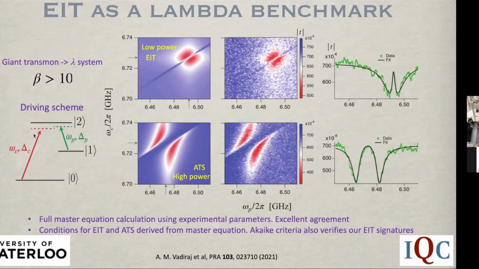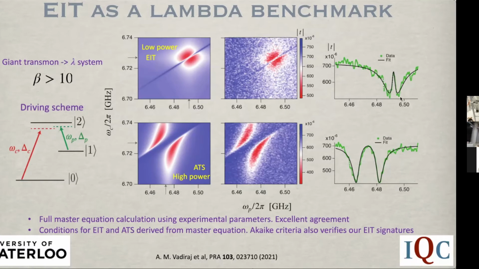The system can go this way, or the system can go this way, and I get a quantum interference between the paths that suppresses the scattering. This is a hallmark of lambda systems, and it also importantly tells us that the system is coherent. So I can have these interference effects.